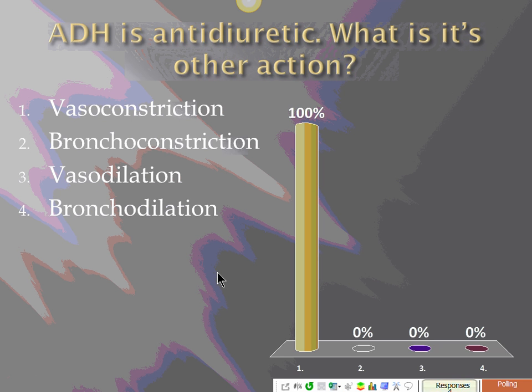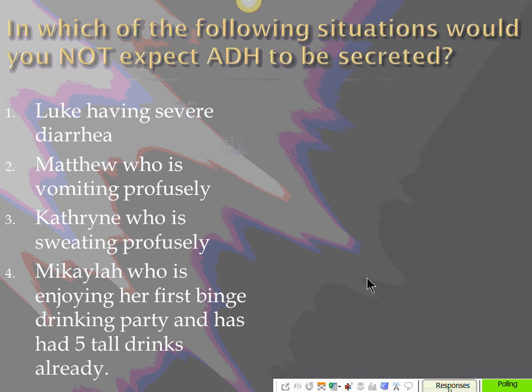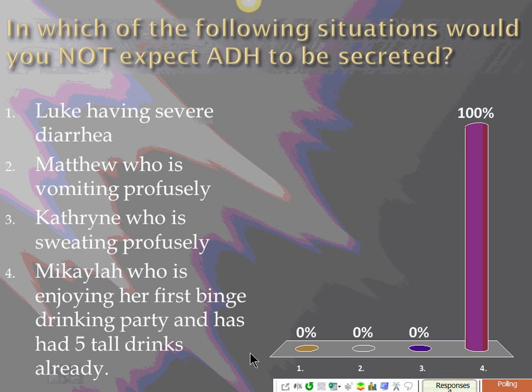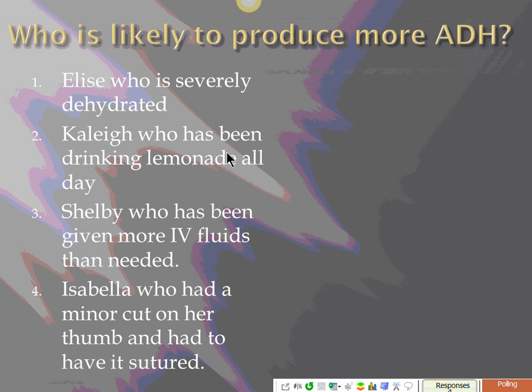Yes, very good. Vasoconstriction. So think of all of these scenarios. In which of the following situations would you not expect ADH to be secreted? Excellent, yes, because alcohol by itself, and even if she was just drinking a lot of lemonade, just fluid, it won't be secreted then.